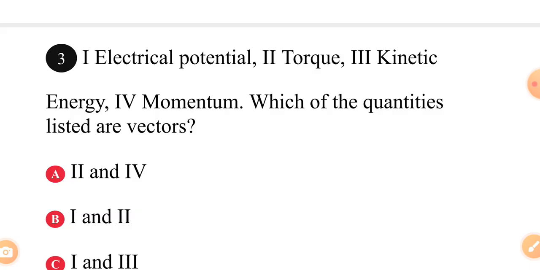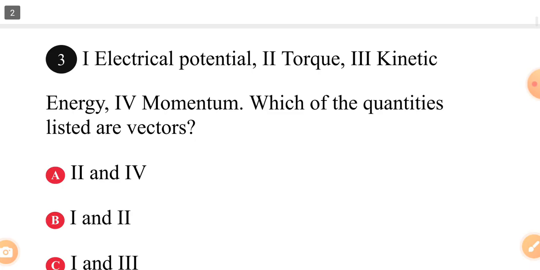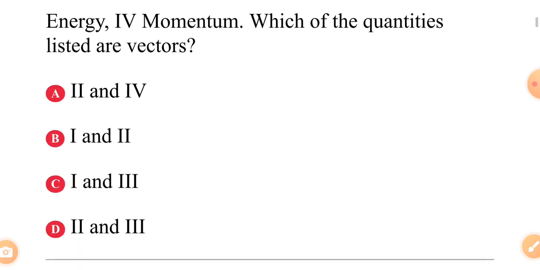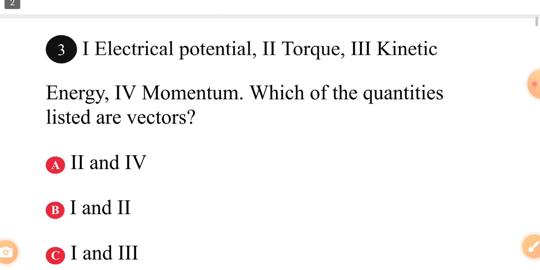Remember, I told you we have scalar quantities and vector quantities. Which of them are vectors? A, II and IV, torque and momentum. B, I and II, electrical potential and torque. C, I and III, electrical potential and kinetic energy.